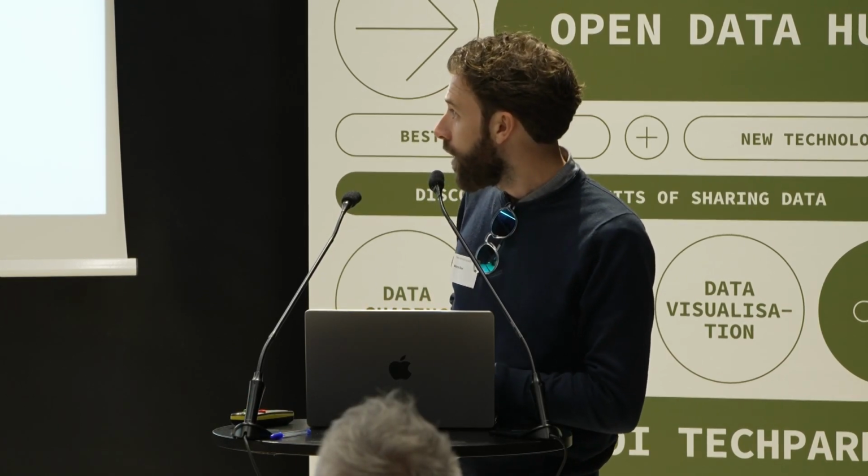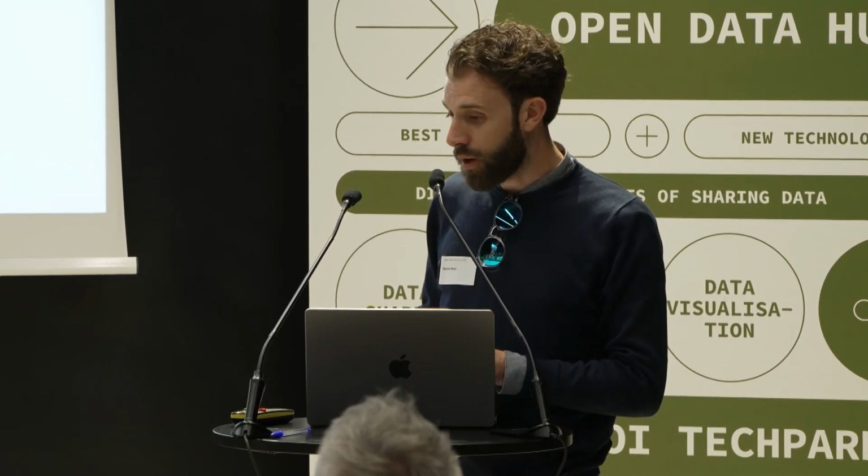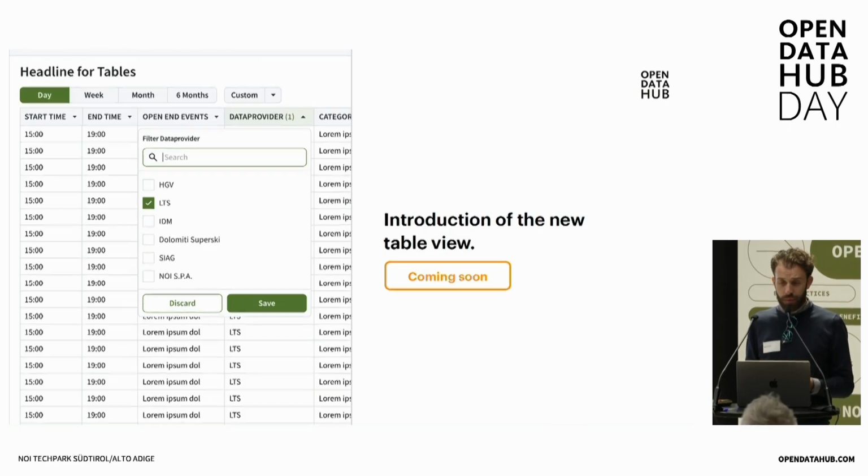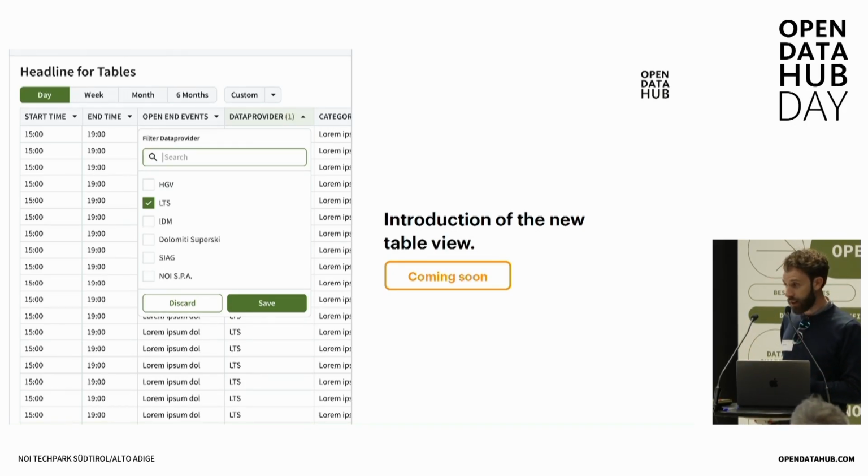And second new feature that will come is the new table view, because as I said before, okay, you have graphs, you have the map, but sometimes it could really be useful to analyze details directly online on a table. And this is exactly what the new table view is about.